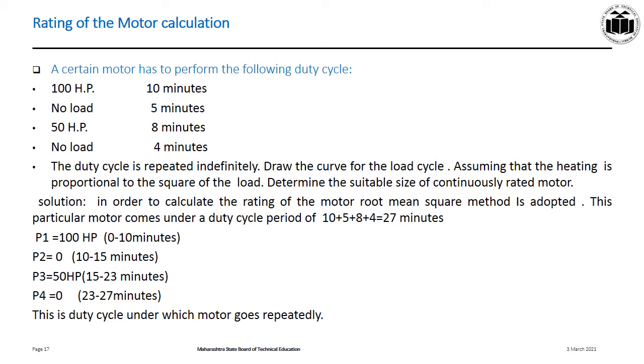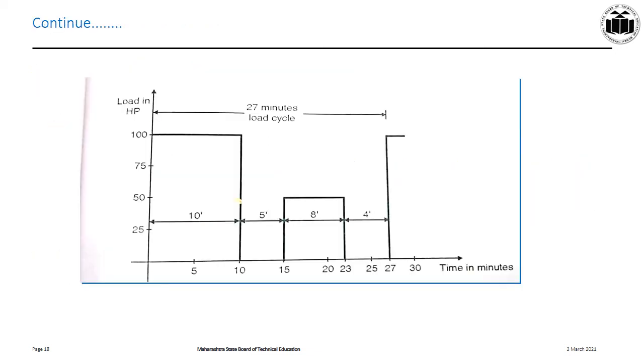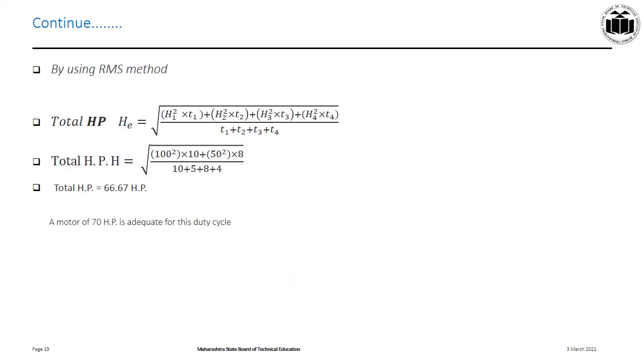First of all, we see that the total operation is of 27 minutes. Students may pause the presentation and draw this duty cycle diagram. We apply the RMS method in order to calculate the HP of the motor.